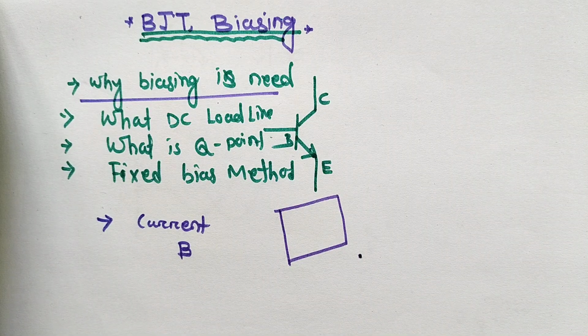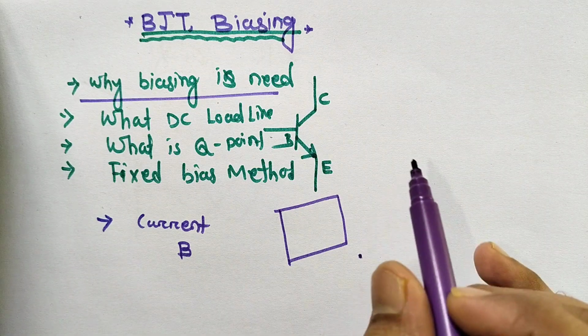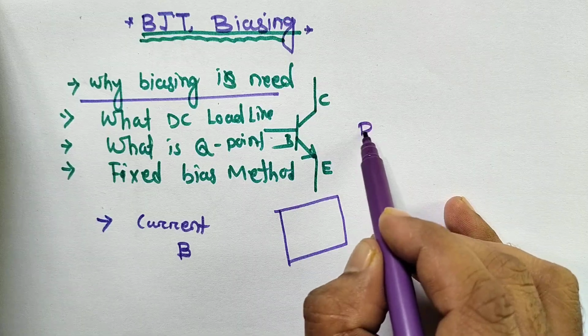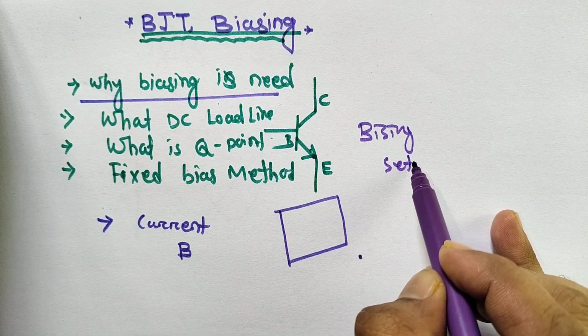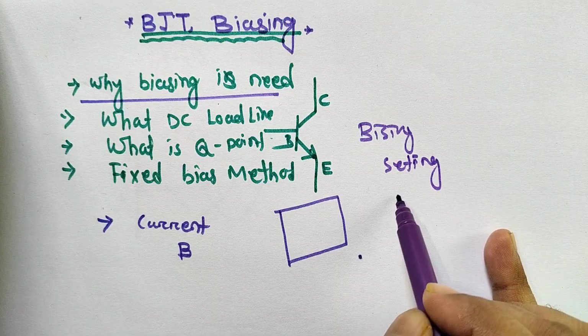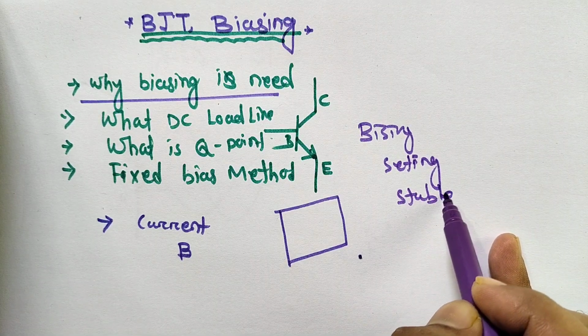So biasing means setting a stable operating point.